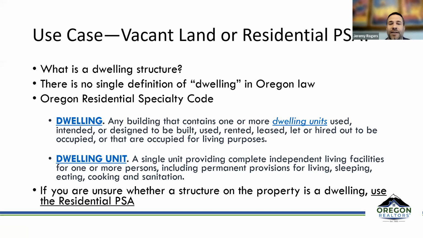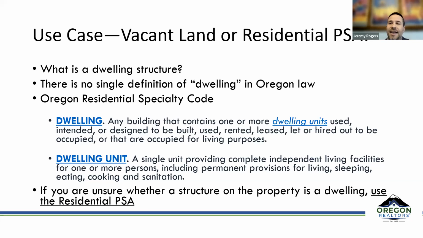And it defines a dwelling to be any building that contains one or more dwelling units used, intended, or designed to be built, used, rented, leased, let, or hired out to be occupied, or that are occupied for living purposes. It defines the dwelling unit as a unit providing complete independent living facilities, including permanent provisions for living, sleeping, eating, cooking, and sanitation.